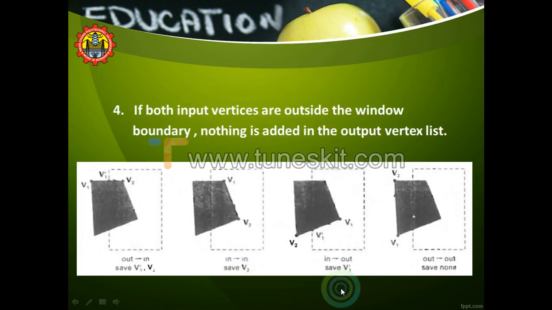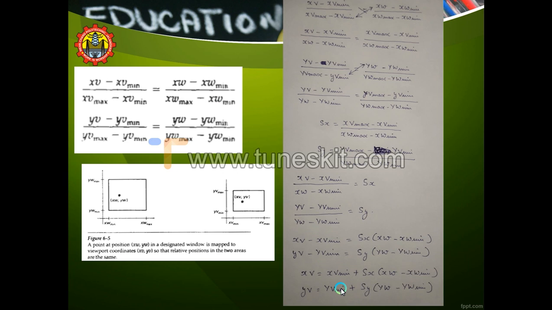At the end, you see your xv and yv are found with the multiplication of scaling, because in this representation we perform scaling, the scaling transformation.